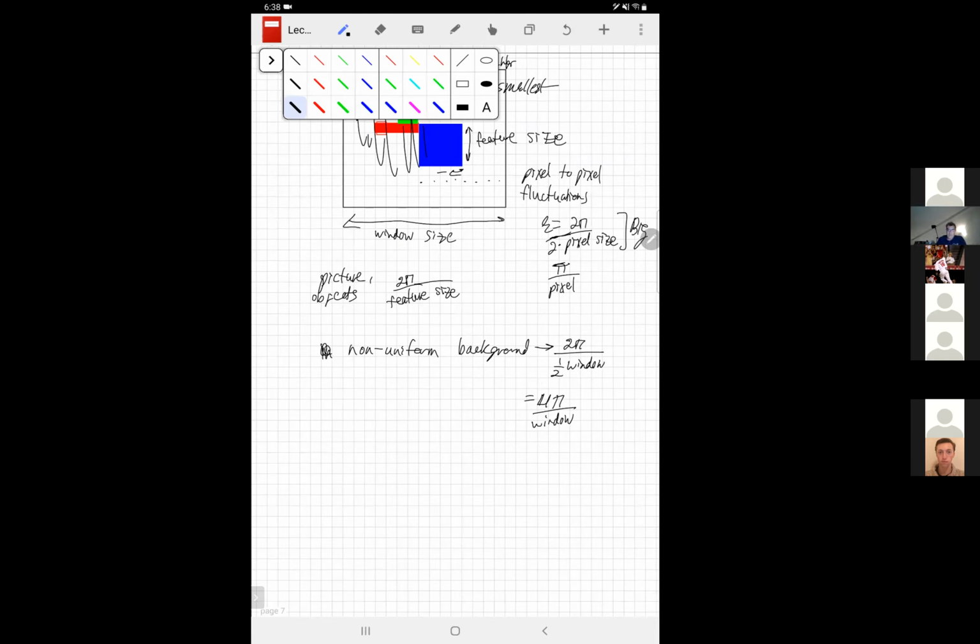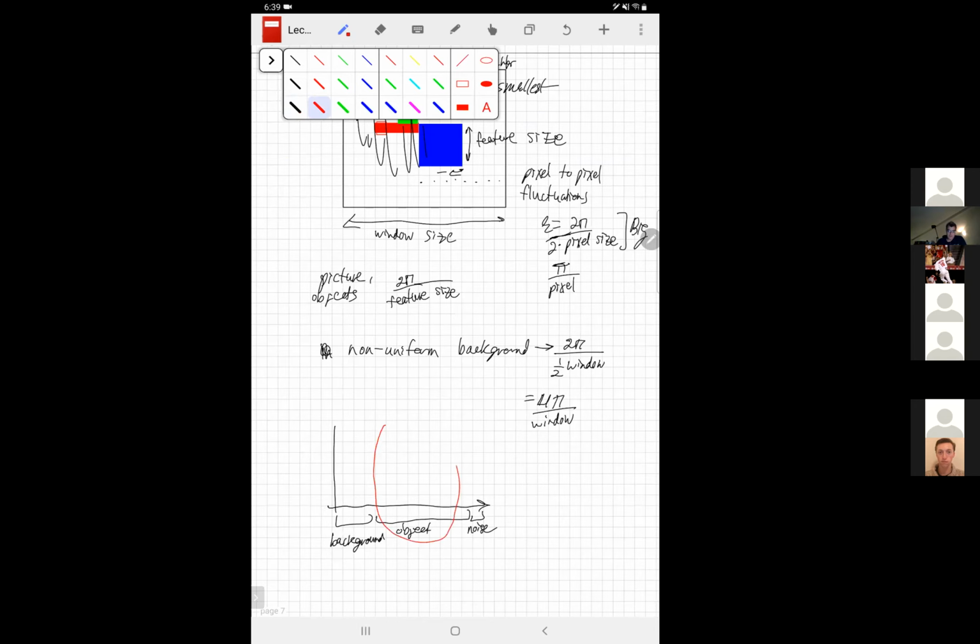So your lowest spatial frequencies are background. Your highest are noise.